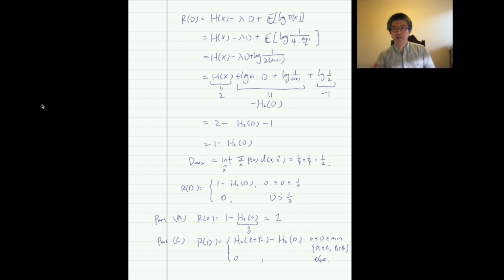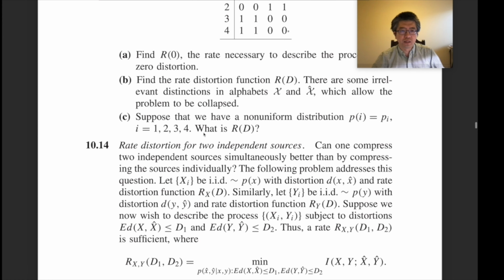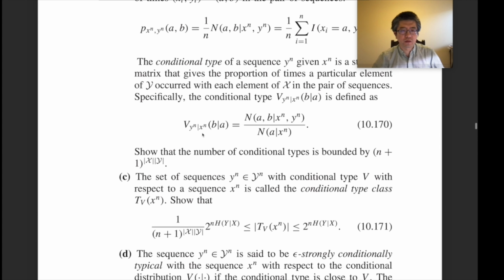Okay, the step will be identical. Okay, very good. So this is our problem number 13. So let's see the next problem.